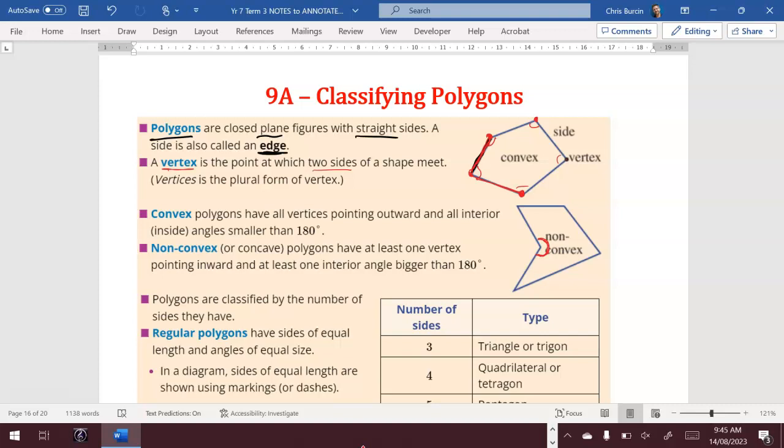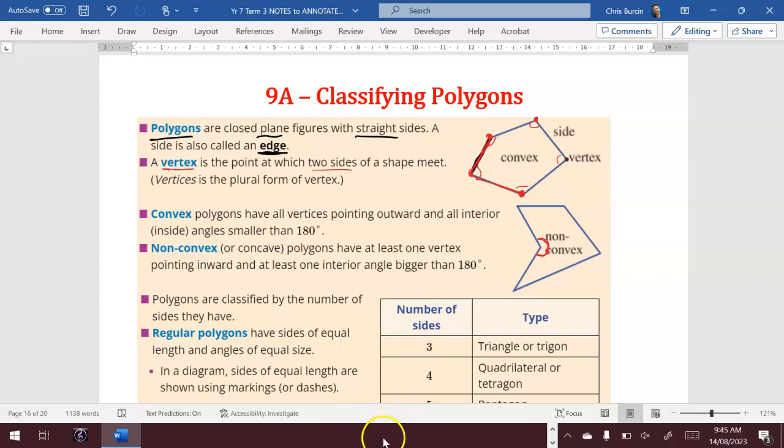So as soon as we bend further past 180 degrees, we've got a vertex pointing inward, and that's a non-convex polygon. Most of the time we deal with convex polygons because they just seem to be what comes up in our lives. But as soon as you get one of those angles pointing inward, making an indent into the shape, you've got non-convex. Or concave, but most of the time I hear non-convex.